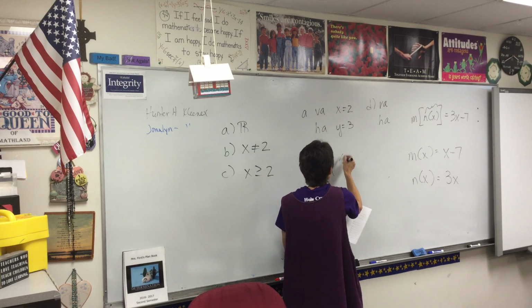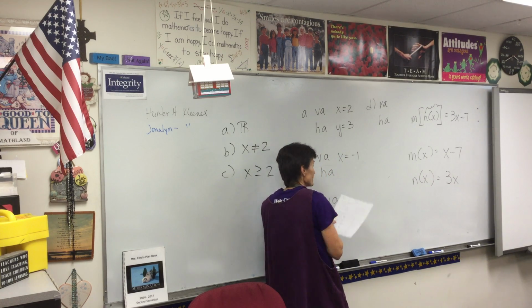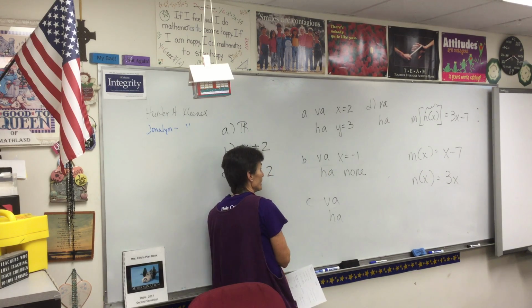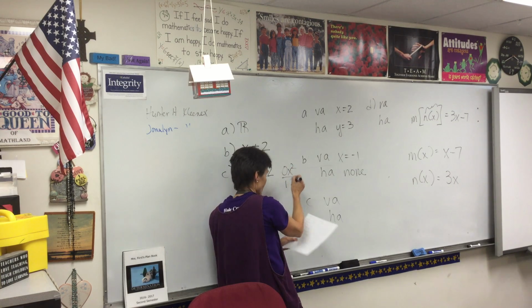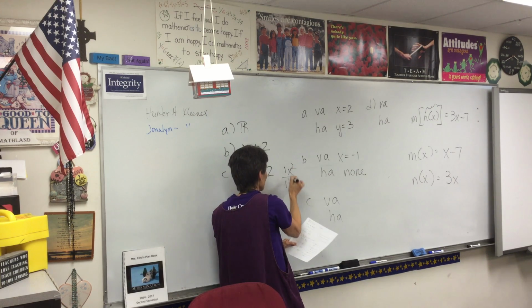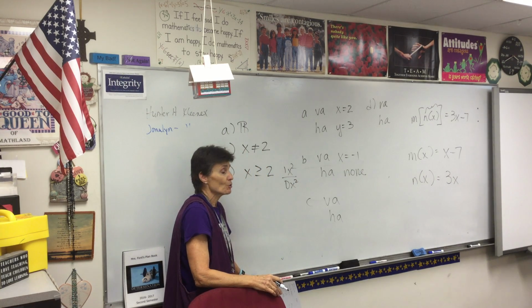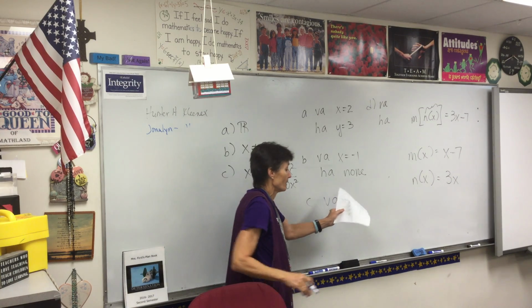The vertical asymptote is X equals -1. And the horizontal asymptote is none, because in this problem, you have 1X squared over no X squared. Right? Are you allowed to have 1 over 0? No. That's why there's none.